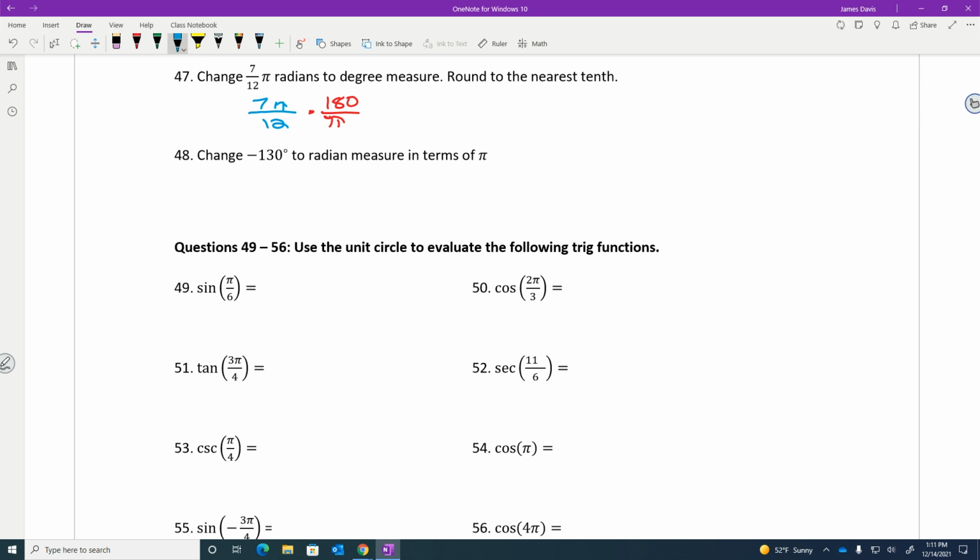The pi's then cancel. And then we're just going to be multiplying straight across. We're just going to do 7 times 180, which is 1260, over 12.